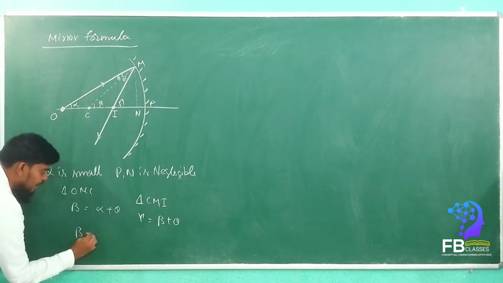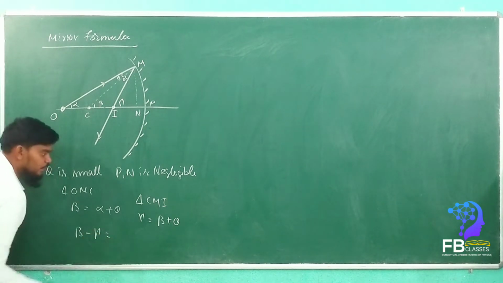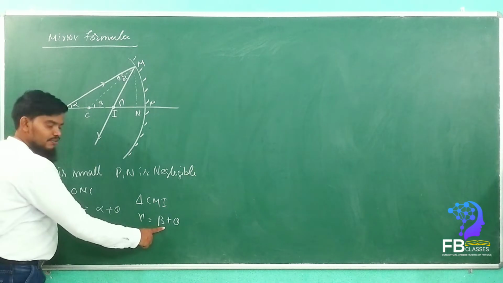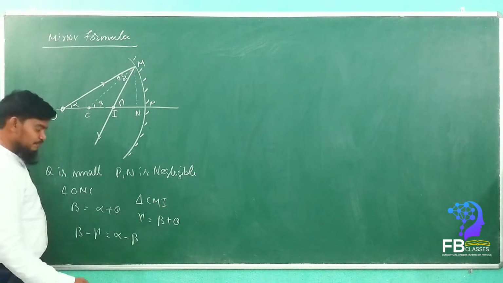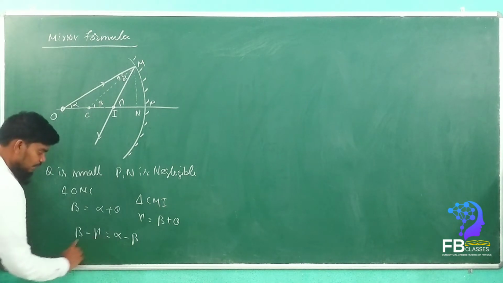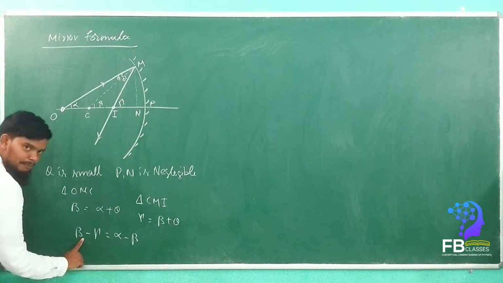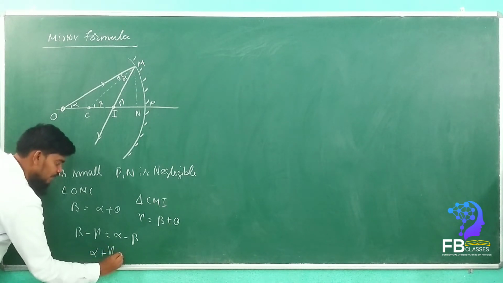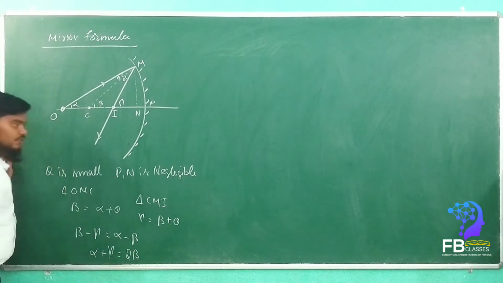Now beta minus gamma is equal to alpha minus beta. Yes or no? Yes, sir. Alpha minus beta will come. So now from here all the betas will take one place, so 2 beta will become. So that means alpha plus gamma is equal to 2 beta. Got it? Yes or no?